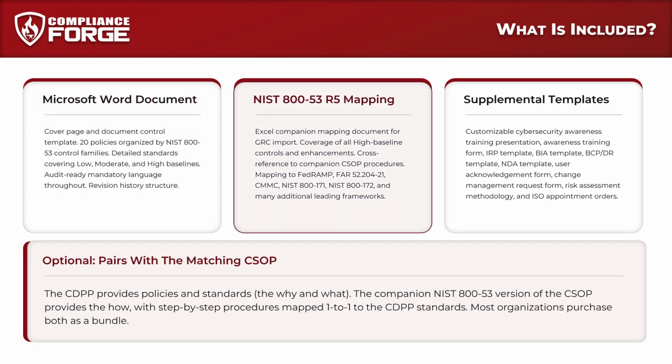The NIST 853 Revision 5 mapping: an Excel companion mapping document for GRC import with coverage of all high baseline controls and enhancements, cross-references to the companion CSOP procedures, and mapping to FedRAMP, FAR 52.204-21, CMMC, NIST 800-171, NIST 800-172, and many additional leading frameworks.